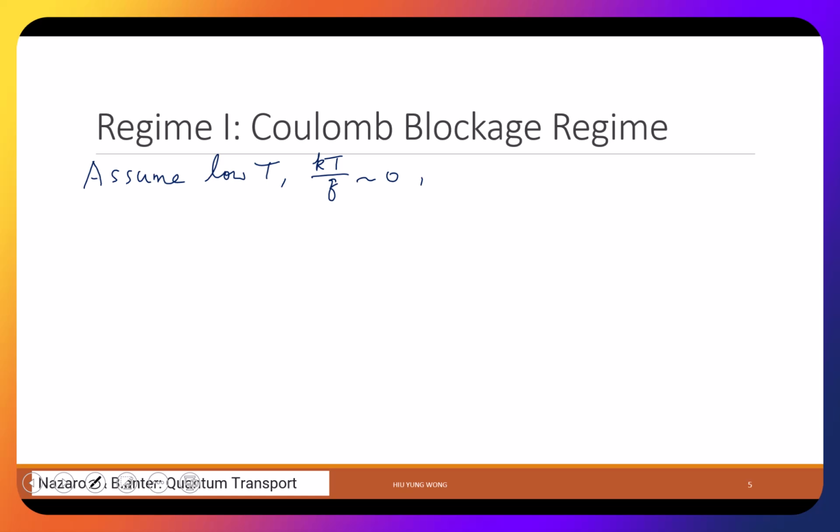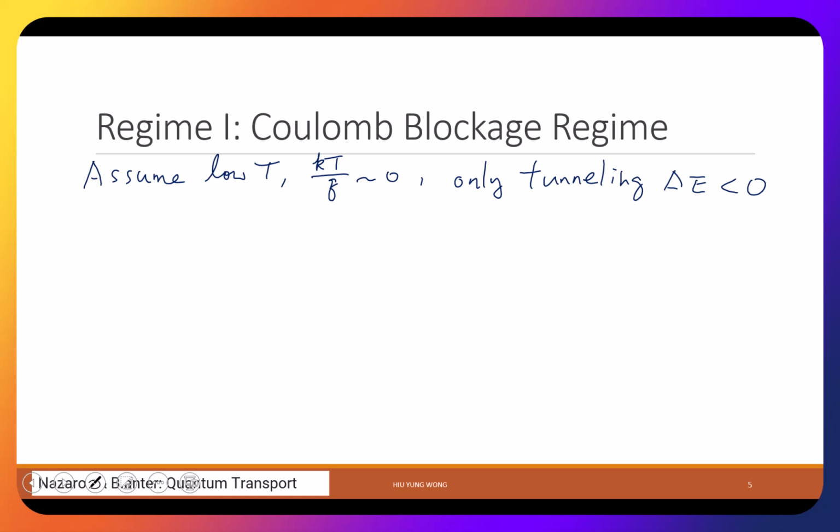So because of this, you can only have tunneling for transport. But when can you have tunneling? It is only possible if the delta E is smaller than 0. You can only change the state if you attain a lower state.